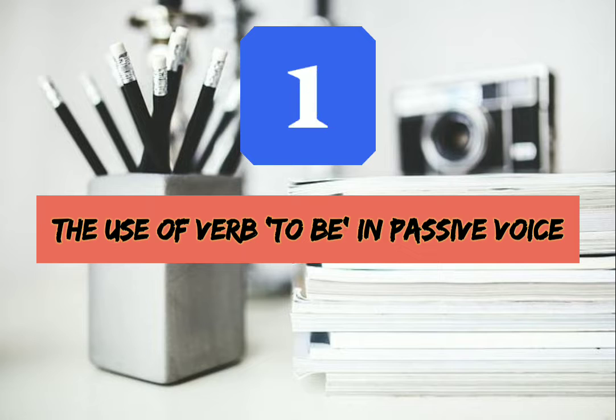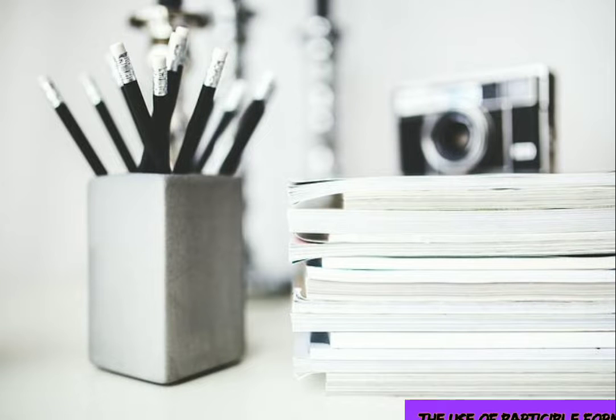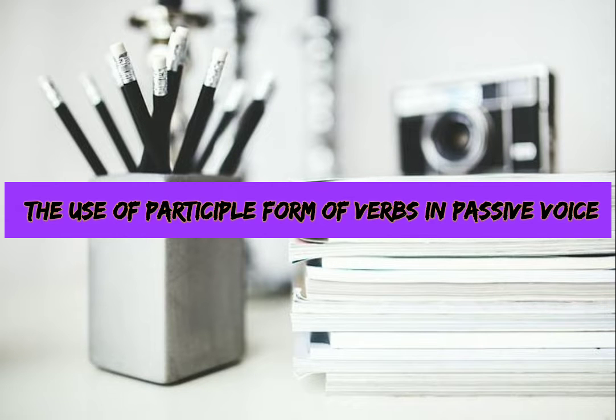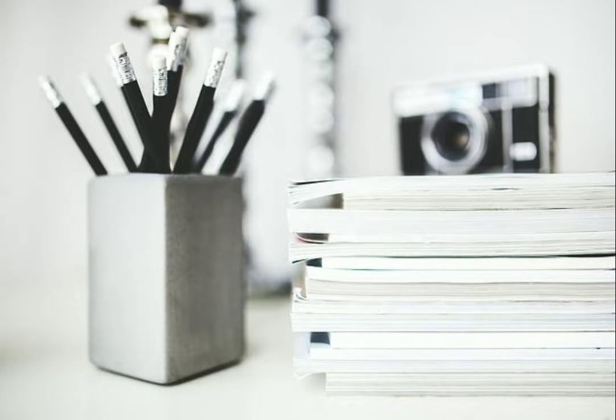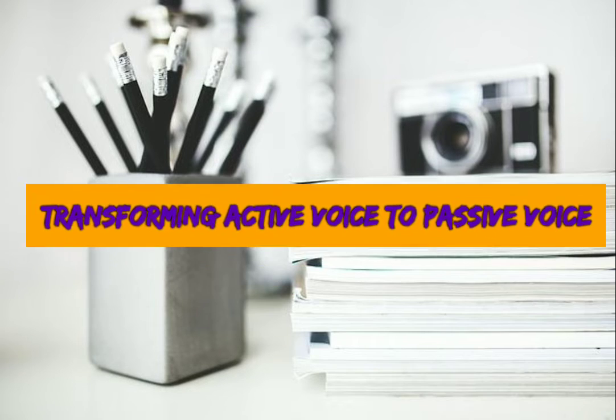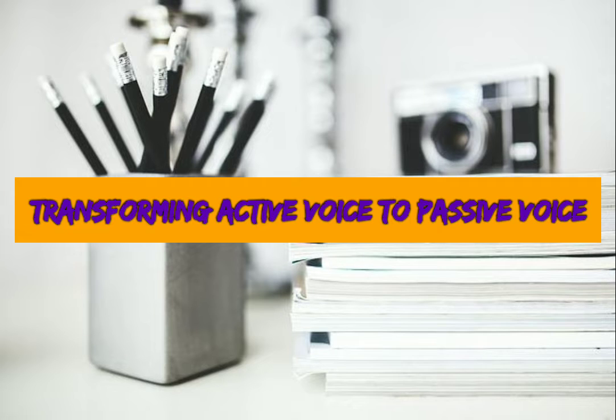We will discuss passive sentences generally requiring the auxiliary verb be when being constructed, that the main verbs in passive sentences are in the participle form of the verb, and also that the expression which serves as a complement of an active verb surfaces as a subject of the sentence in the corresponding construction. We will also be utilizing these properties to transform active sentences to passive sentences.